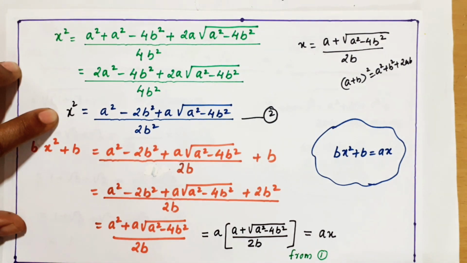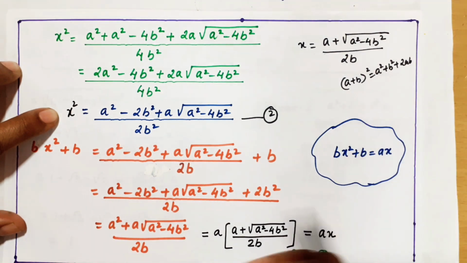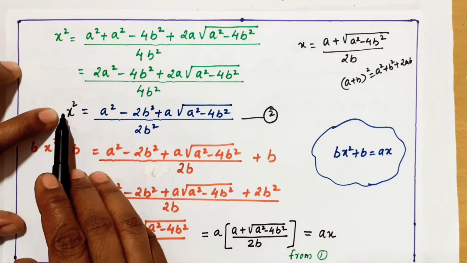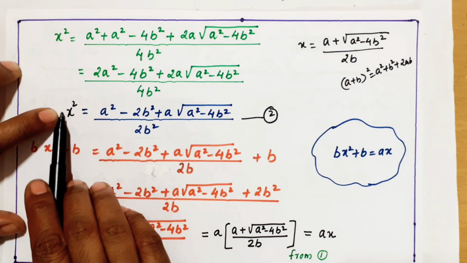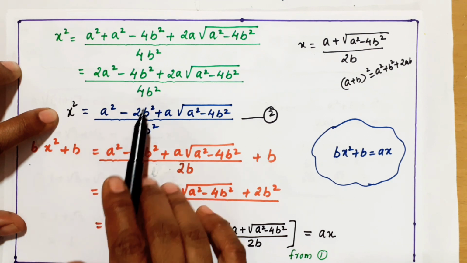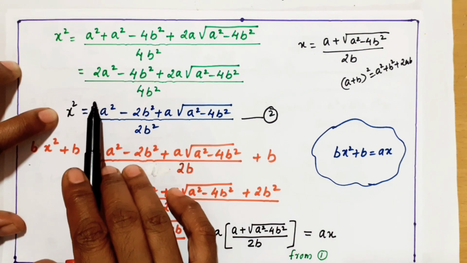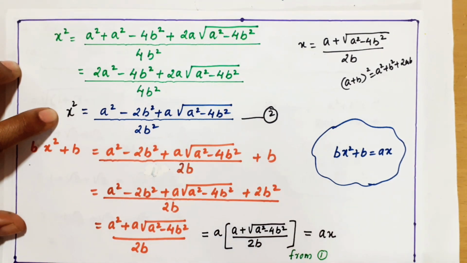So it will be bx square. We got x square. The question is bx square plus b we need. So I am multiplying and adding. Bx square plus b means this is x square, b means 1b, b gets cancelled, plus 1 more b.